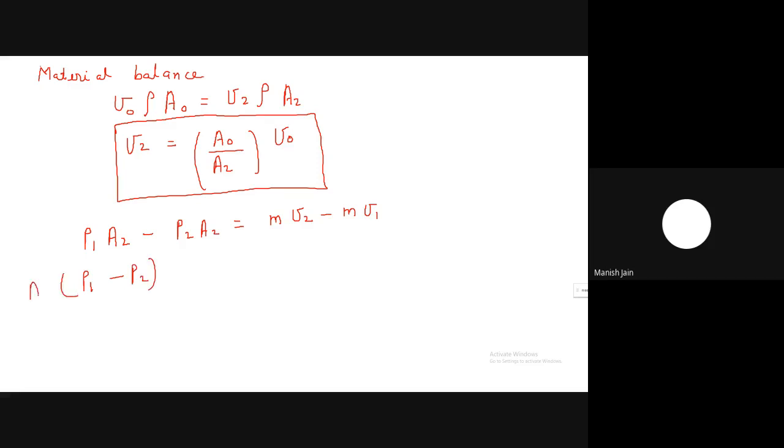A2 times (P1 minus P2) should be equal to M multiplied by (A0 by A2) V0 minus V1, and V0 equal to V1. So instead of V1 you can use V0, M multiplied by V0, because V1 equal to V0.